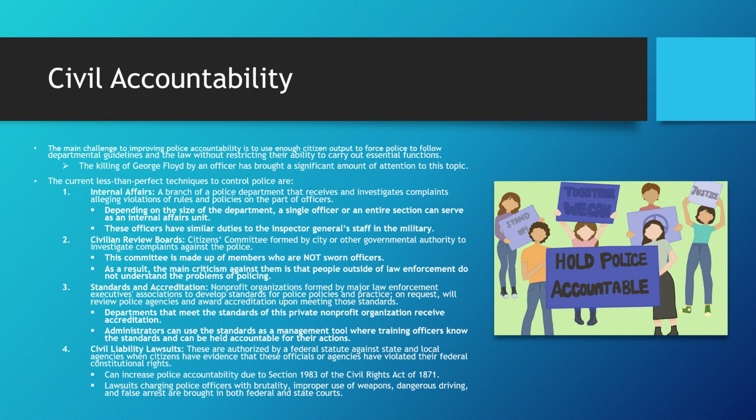In many states, people have received millions of dollars in damage awards, and police departments have settled some lawsuits out of court. It's also important to note that lawsuits charging police officers with brutality, improper use of weapons, dangerous driving, and false arrests are brought in both federal and state courts.